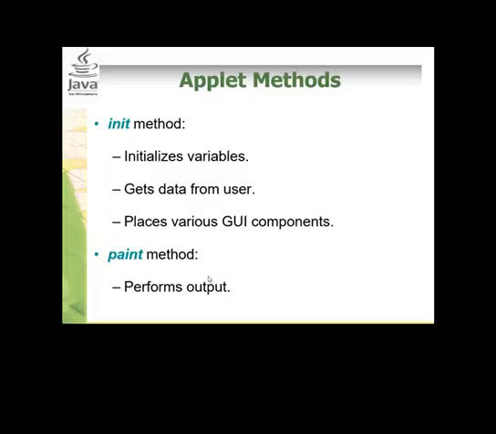For example, an applet needs what we call the init method, the initialize method. This method initializes variables that we want to use in the program, and it also gathers data from the user and can place GUI components, graphical user interface components.